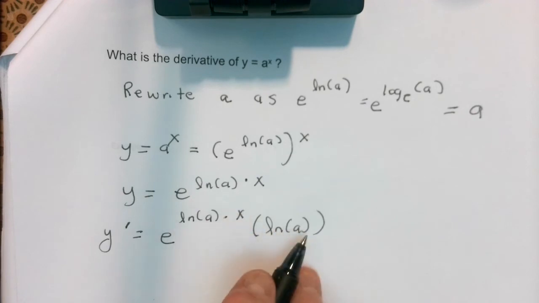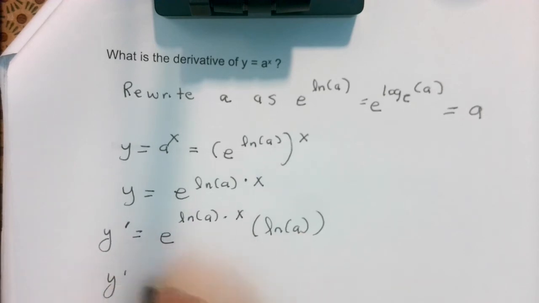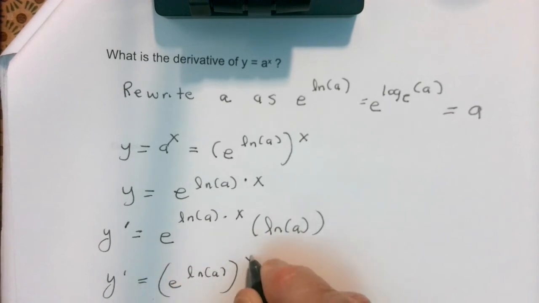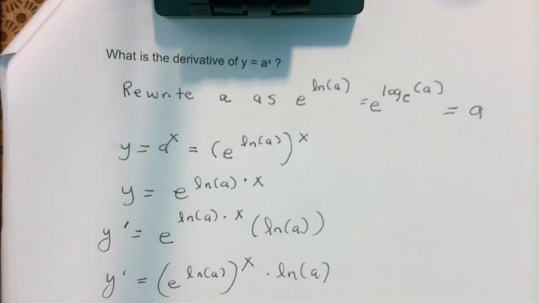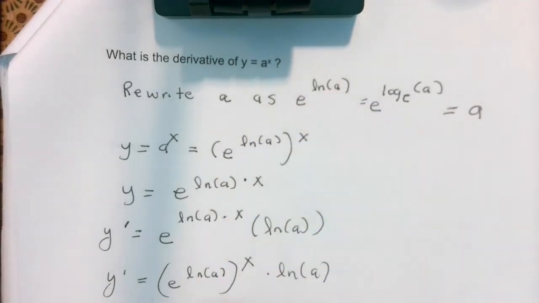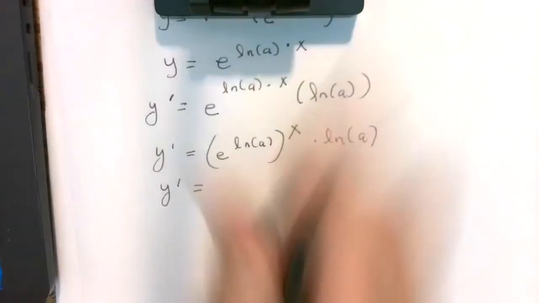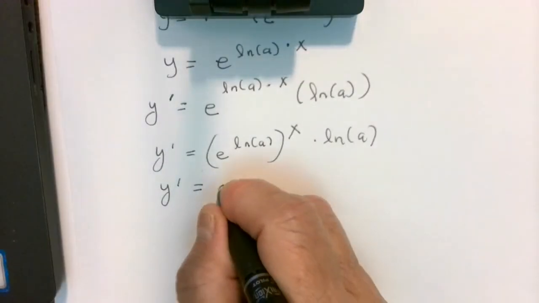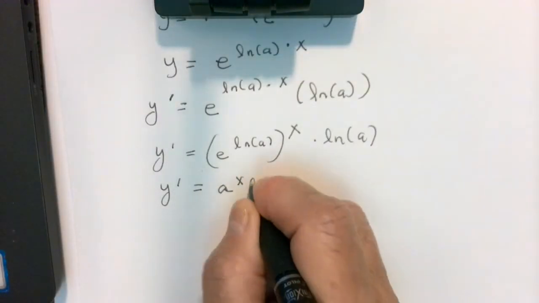It doesn't have x in it. So then we can rewrite this back into this form. And what was e to the natural log of a? That's a. So y prime equals a to the x times natural log of a.